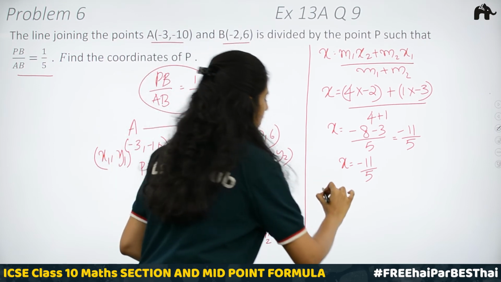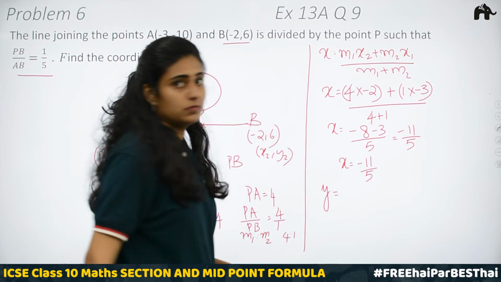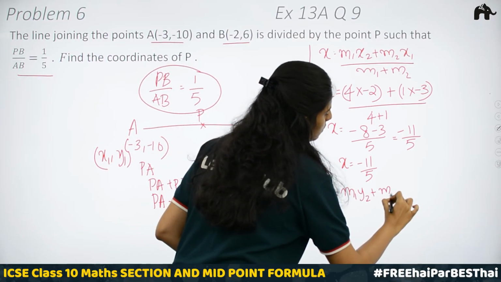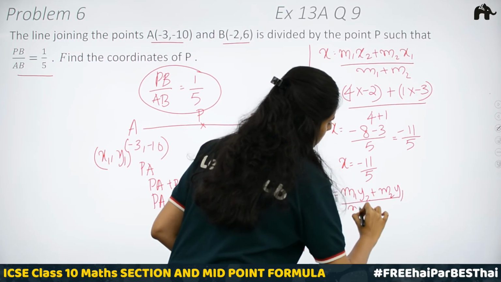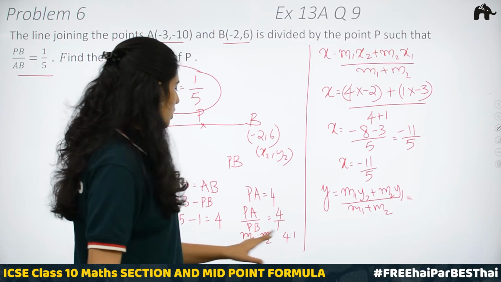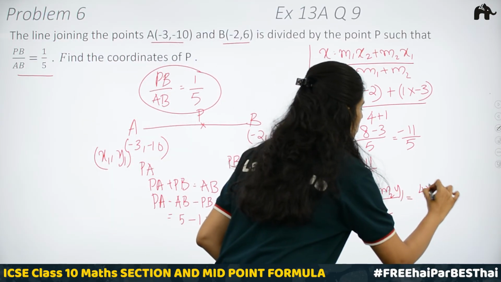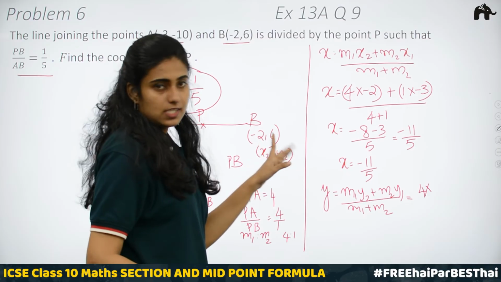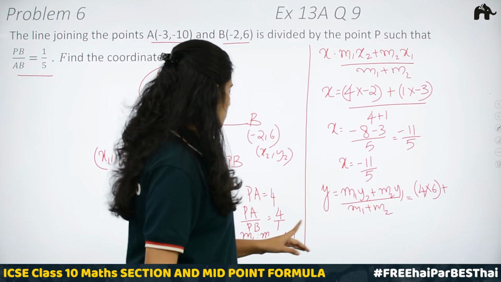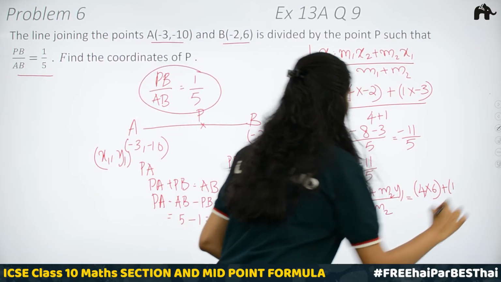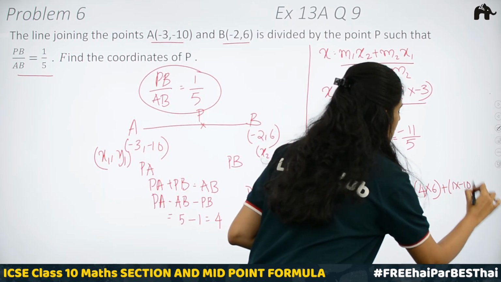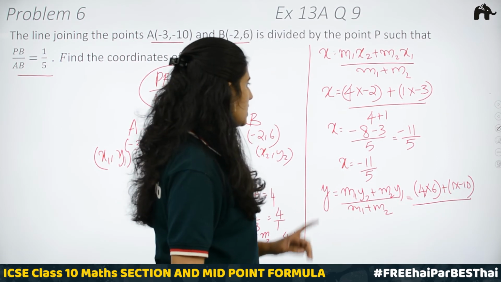Now find Y. Y is equal to M1 Y2 plus M2 Y1 divided by M1 plus M2. Put the values. M1 is equal to 4 into Y2. What is Y2? Y2 is 6, plus M2 Y1. M2 is equal to 1 into Y1 is equal to minus 10. 1 into minus 10, divided by M1 plus M2.